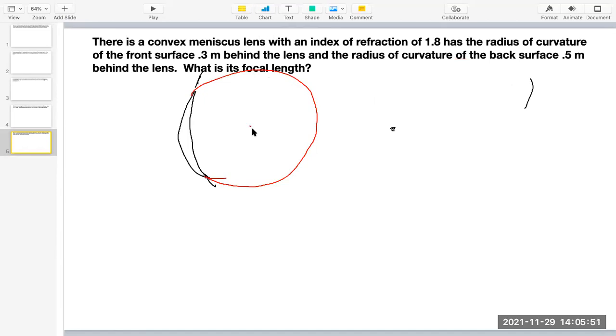A smaller radius, somewhere like there. Not to scale. See if you can calculate it.